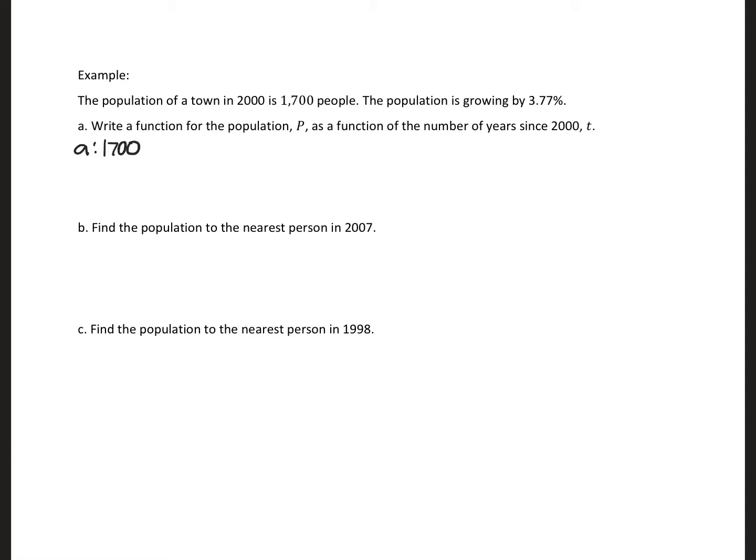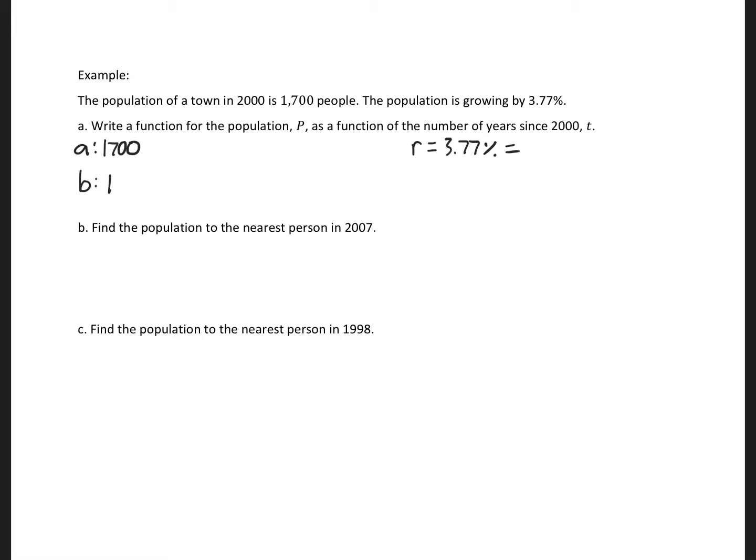To construct the B value, we're going to take 1, and since the population is growing by 3.77%, let's think about R. If R is 3.77%, we want to turn that into a decimal by moving the decimal place 2 places to the left.